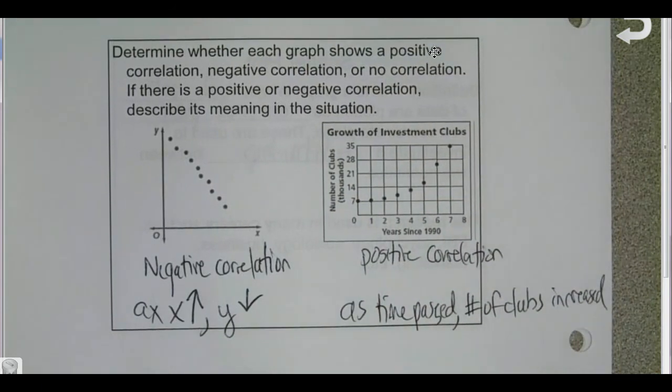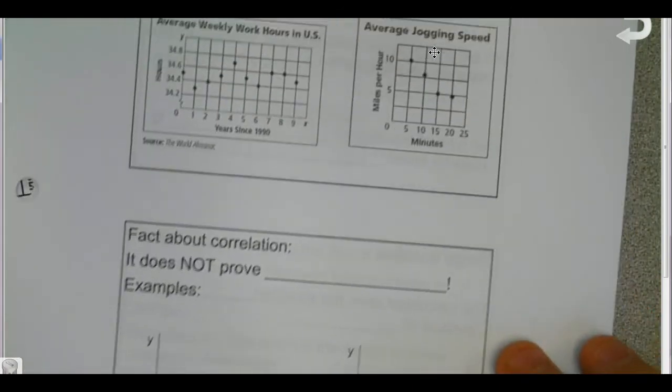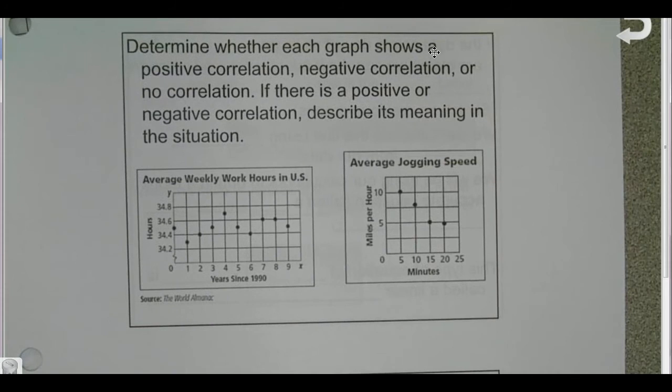And so being able to describe what a graph does is a positive step towards understanding exactly what the graph is measuring. And we've talked about this before. Go ahead and do these two as well.